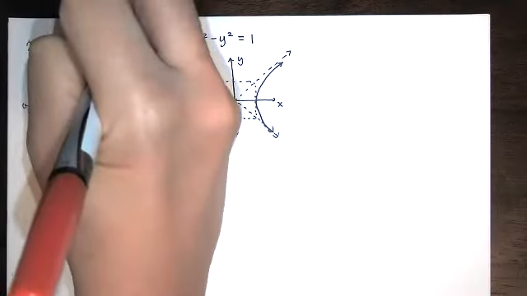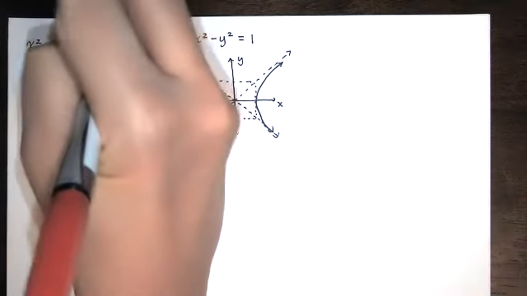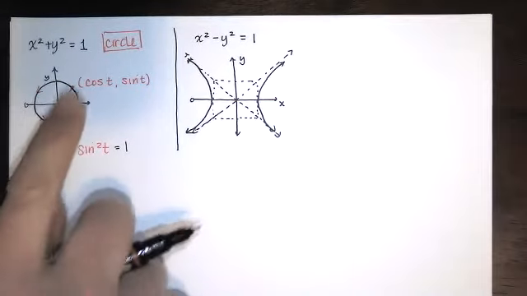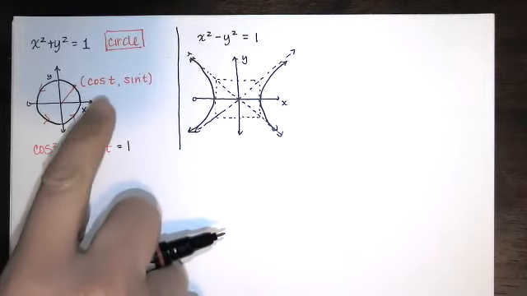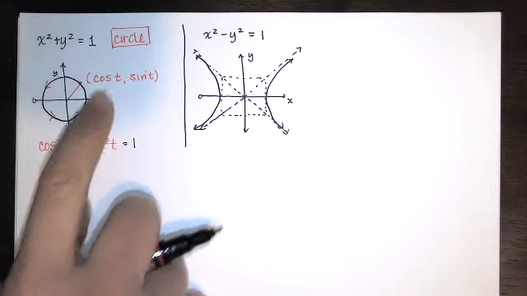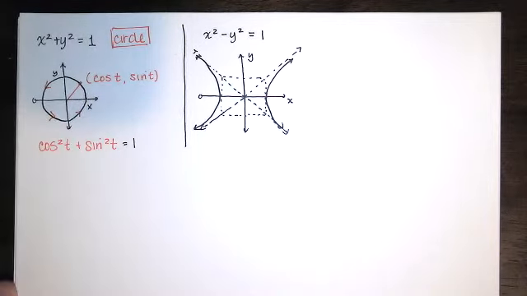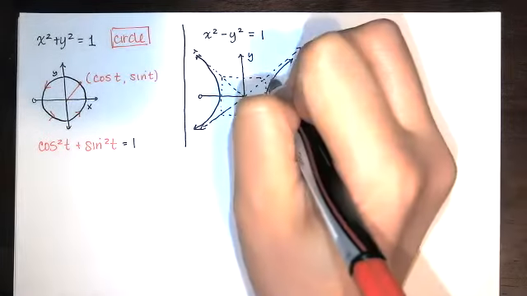So we've got a unit circle, and cosine and sine trace out that circle. If x is equal to cosine of t and y is equal to sine of t, we trace out that circle as t increases. Watch this.